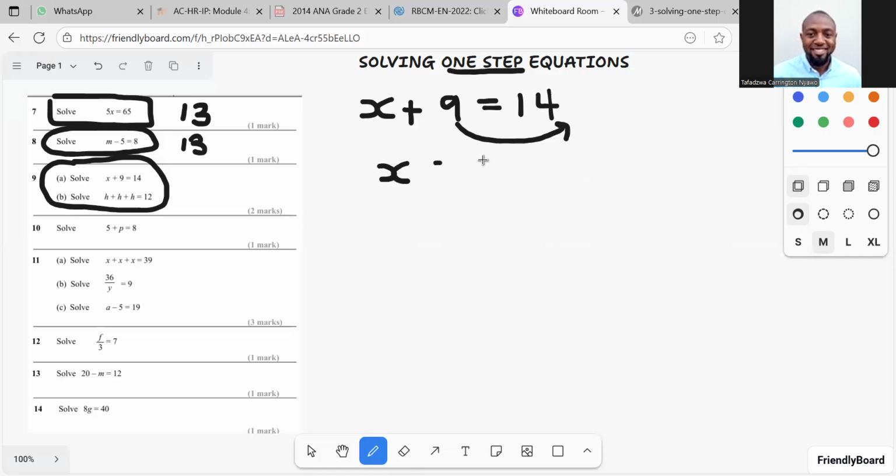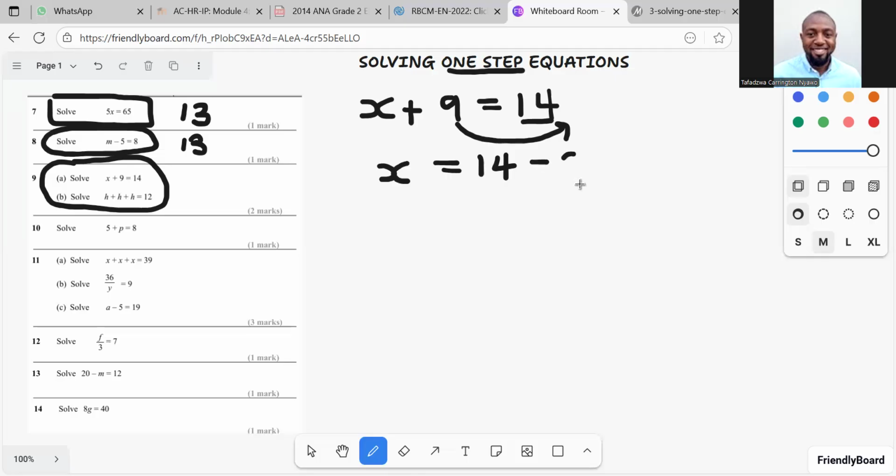Okay, and then remember what I said, 14 is already on the right side. Therefore, 14 should always maintain its position as the first to appear on the right. And then I've taken that +9 to the other side. So when that +9 goes to the other side, the sign changes from positive to negative.